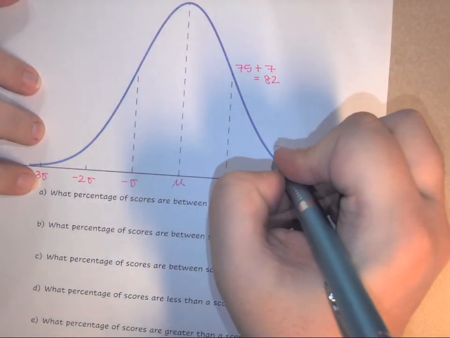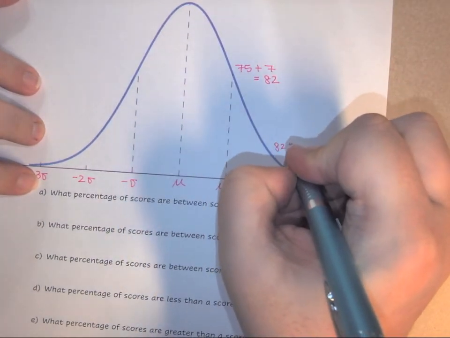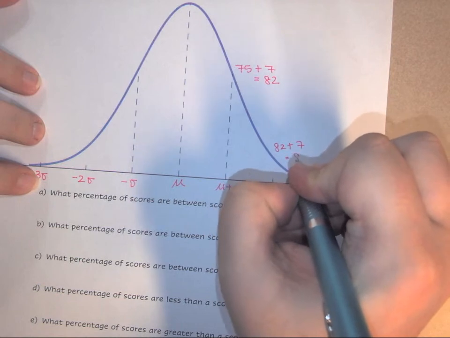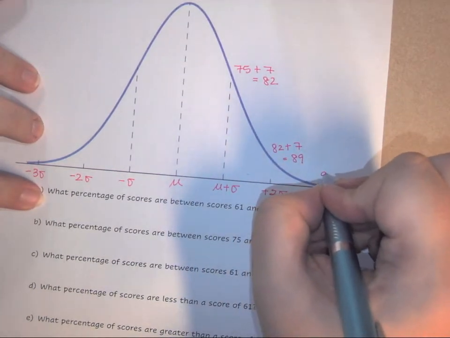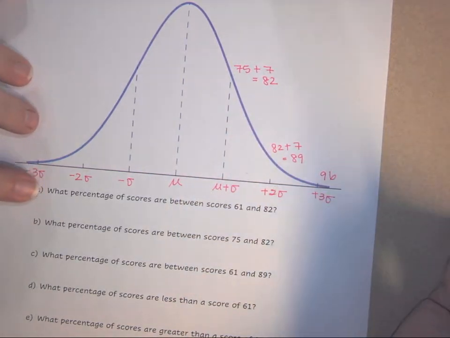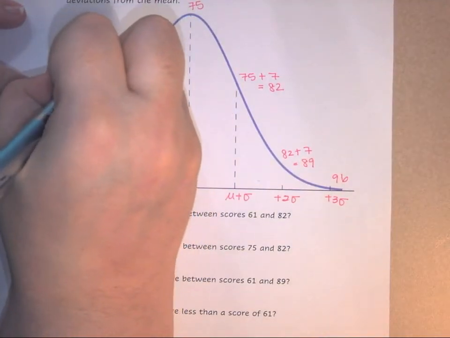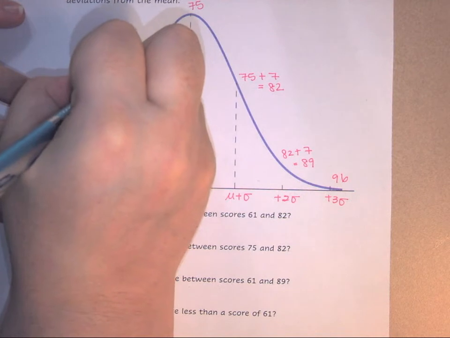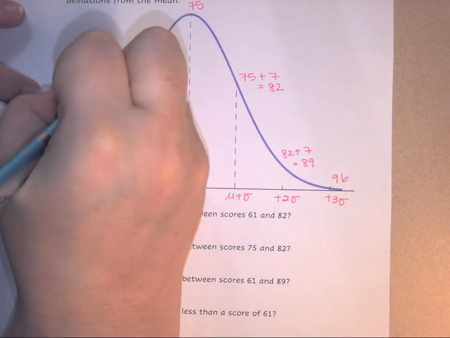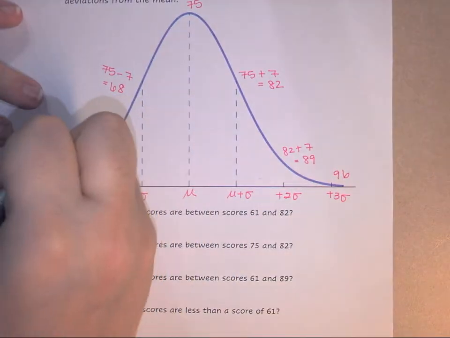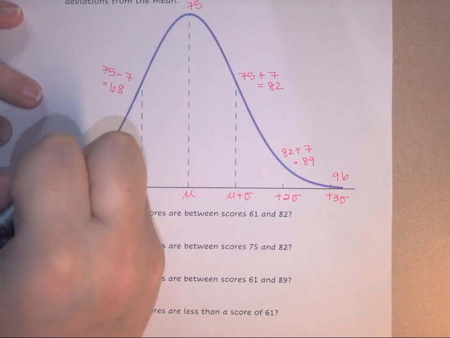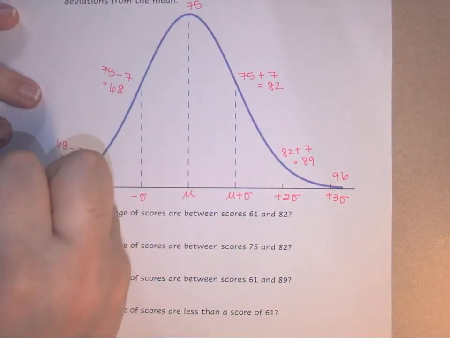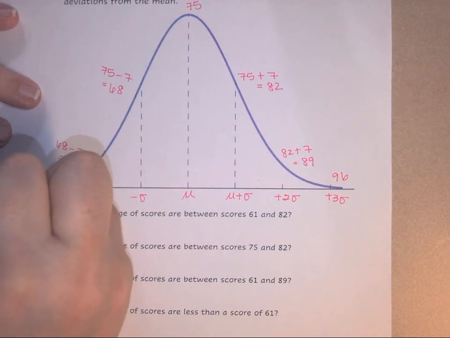My second standard is going to take my 82 and add 7 to it, which gives me 89. And my third standard is going to be 96. Going the other way, my 75 minus 7 is going to give me a 68. Again, I'm going to take where I was, subtract another standard, which gives me 61. Going down to my third, I have 54.